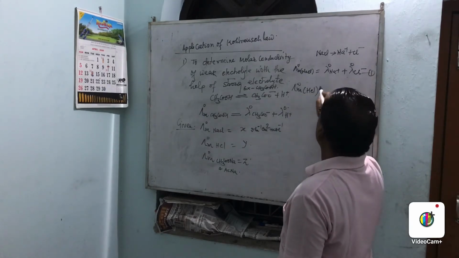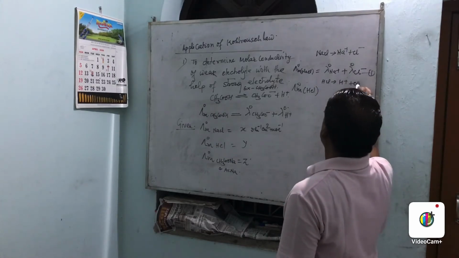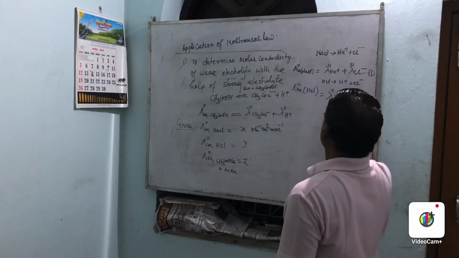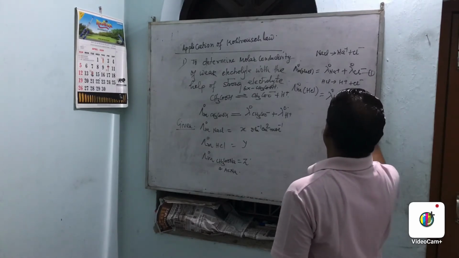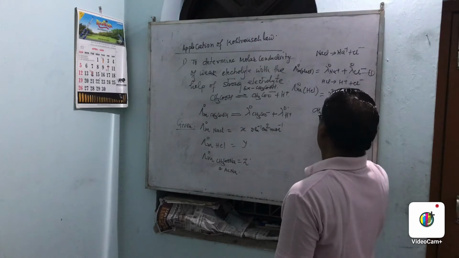HCl will dissociate to give H plus and Cl minus ions, so it is lambda H plus infinite plus lambda Cl minus infinite, equation 2. The third is CH3COONa.